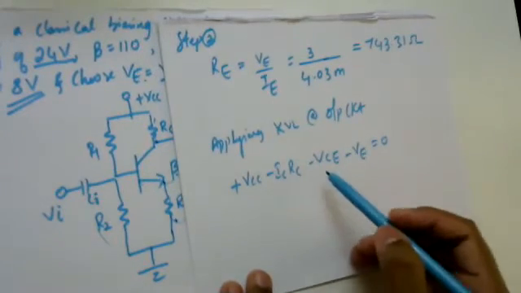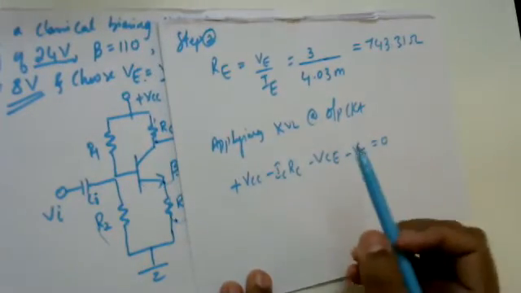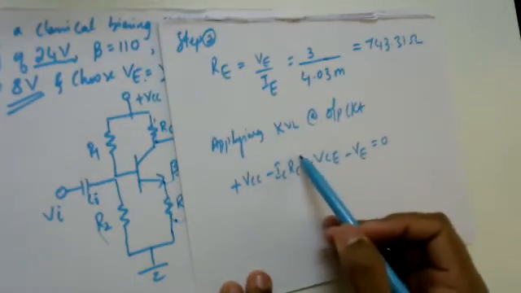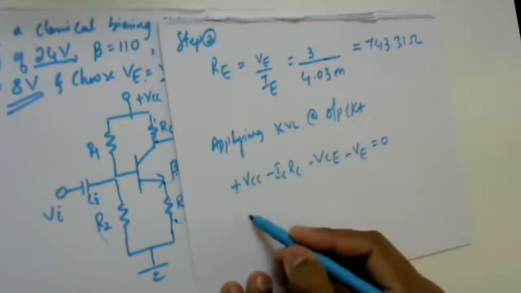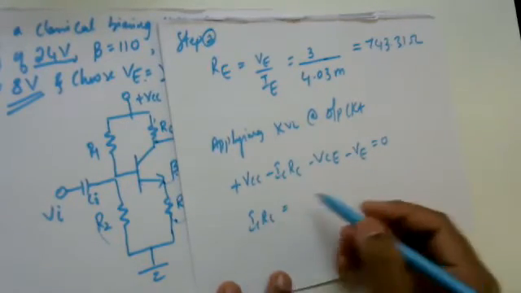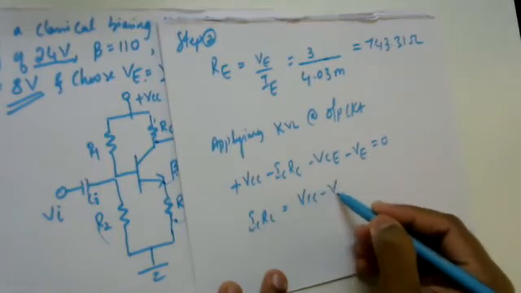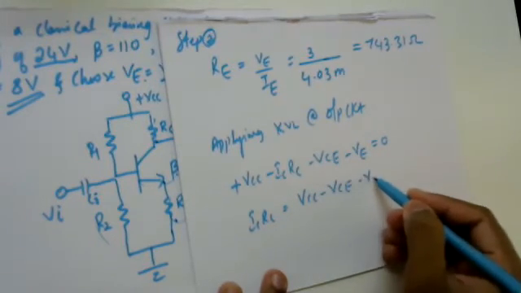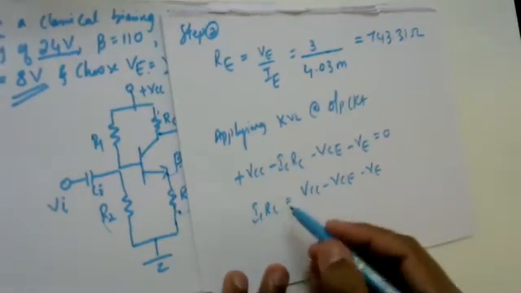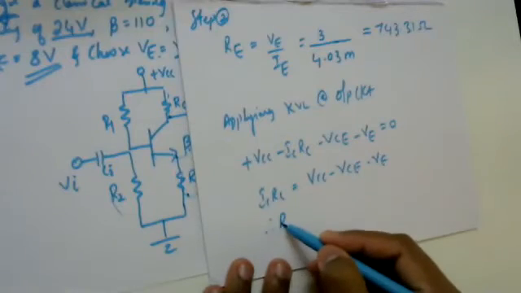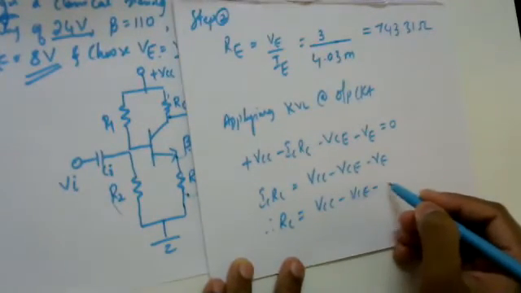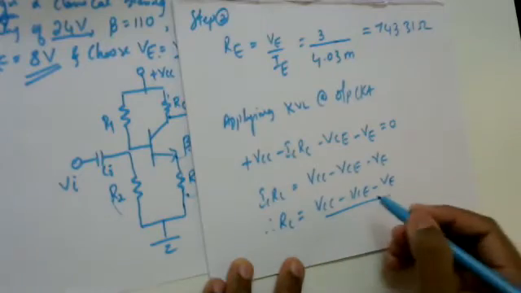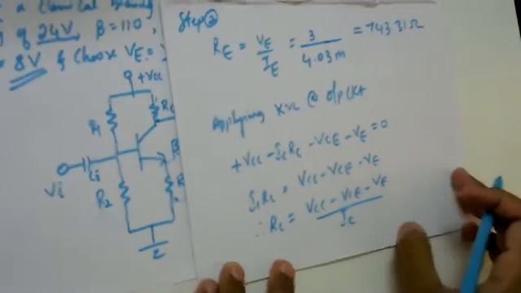Now I want to write the equation for RC, so I can send this term to this side. ICRC will be equal to VCC minus VCE minus VE. So if I write it for RC, RC will be VCC minus VCE minus VE divided by IC.